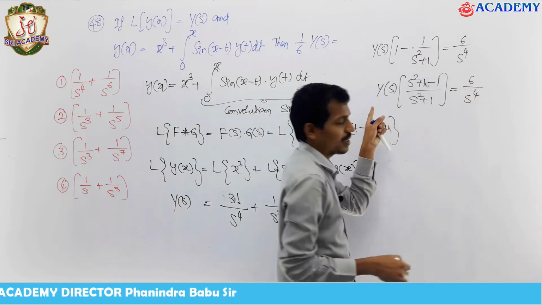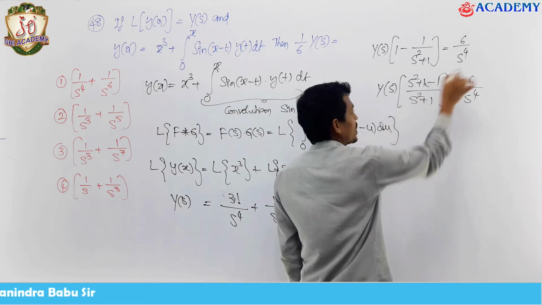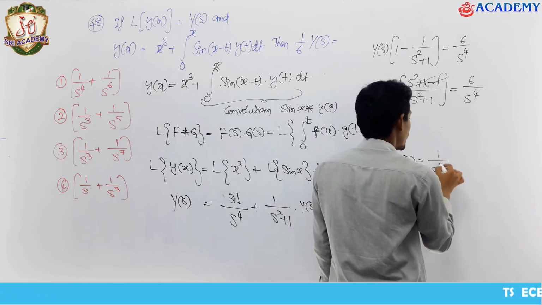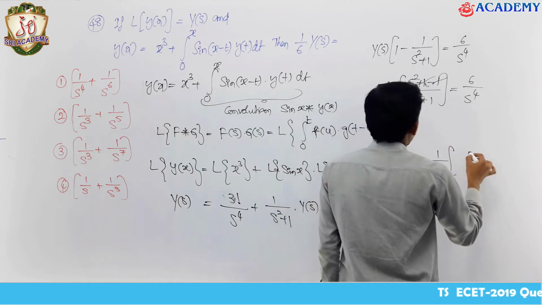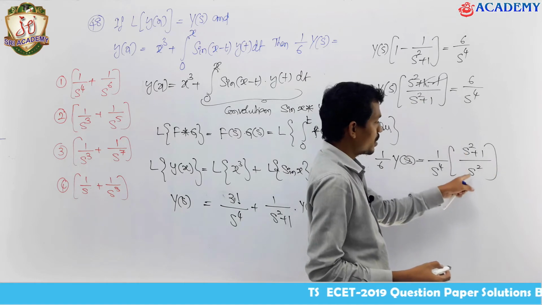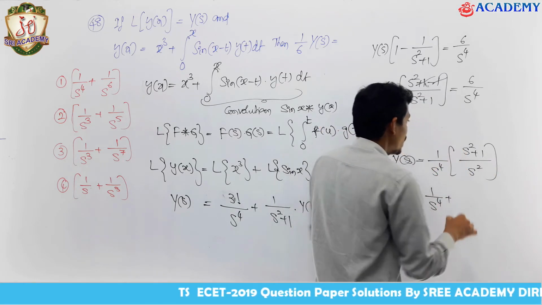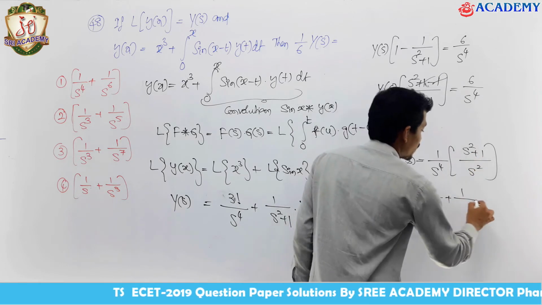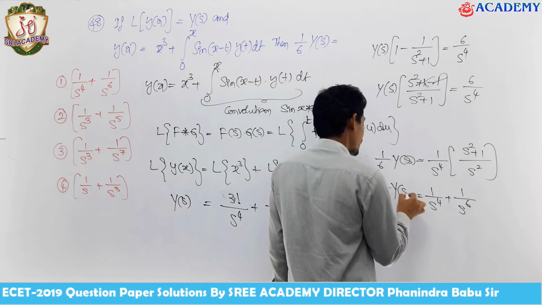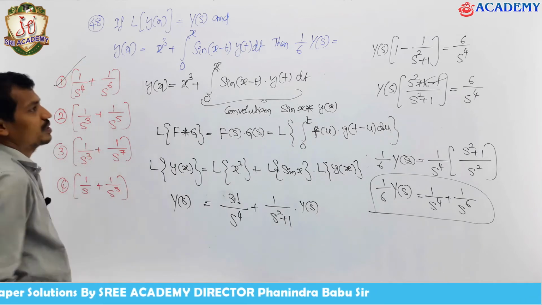Taking 6 to this side, 1 by 6 into y of s equals, with plus 1 minus 1 cancelling, 1 divided by s to the power of 4 into s square plus 1 divided by s square. The s square cancels, giving 1 by s to the power of 4 plus 1 by s square, that is 1 by s to the power of 6. So 1 by 6 into y of s, and the first option is our right answer.